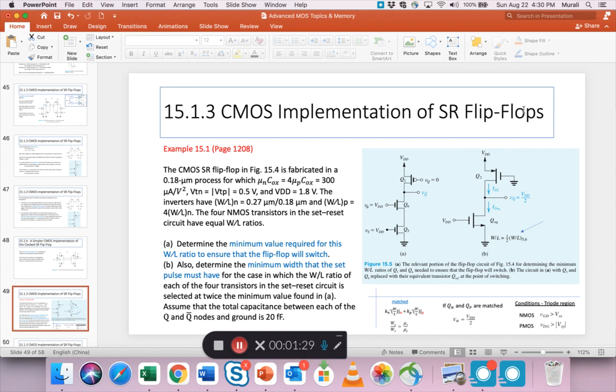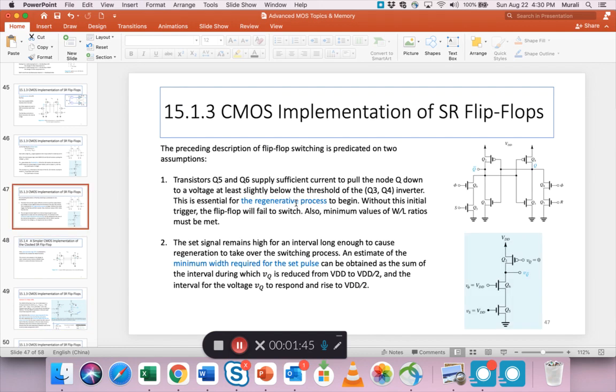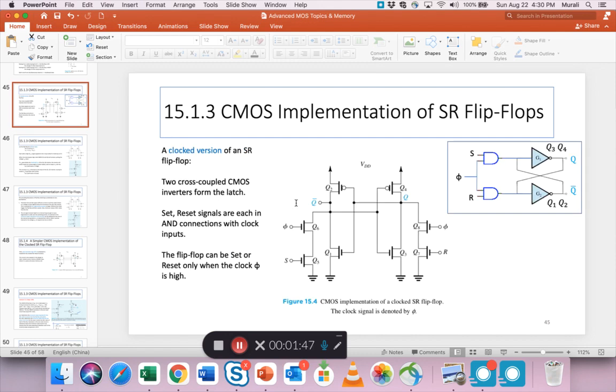The example states that we are trying to implement a CMOS SR flip-flop as shown in figure 15.4, which is this figure, right?